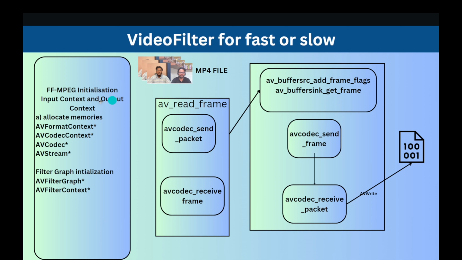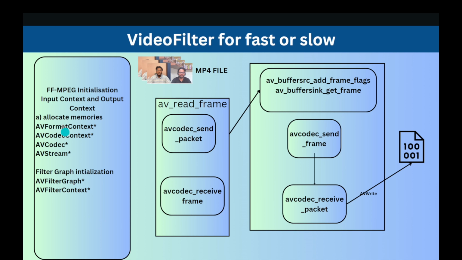Before calling these APIs, you need to initialize the FFmpeg input and output: AVFormat, AVCodec, AVStream. You have to allocate memory for these pointers, with separate pointers for input and output. Since we are using a video filter, we also need to initialize AVFilterGraph and AVFilterContext.